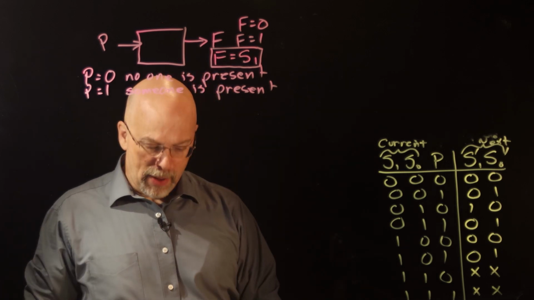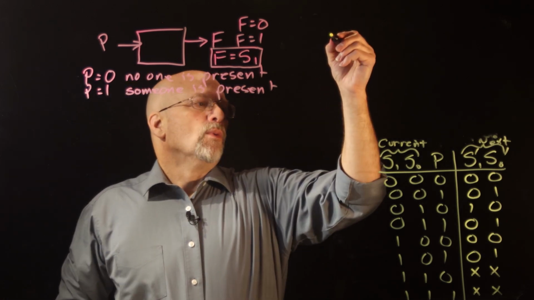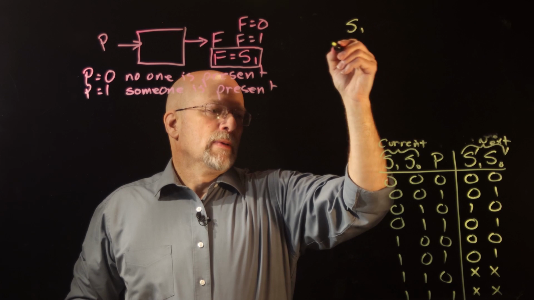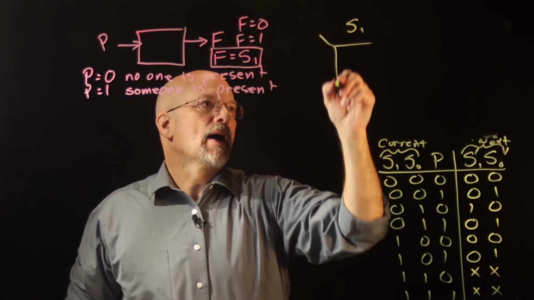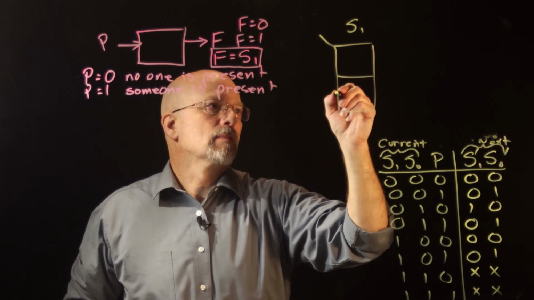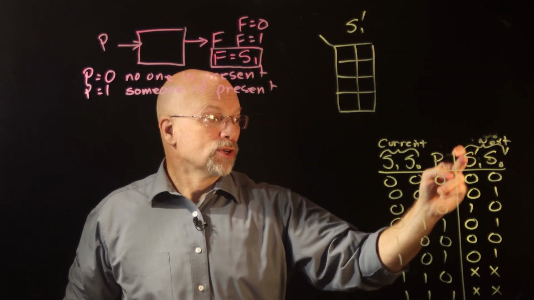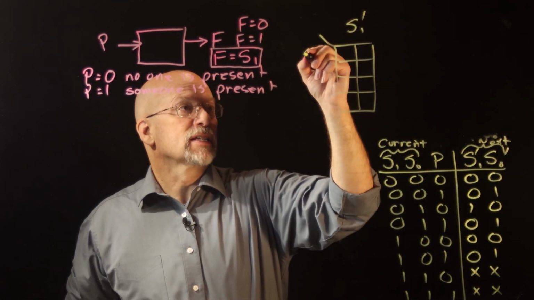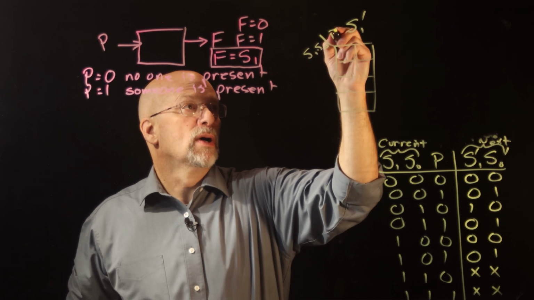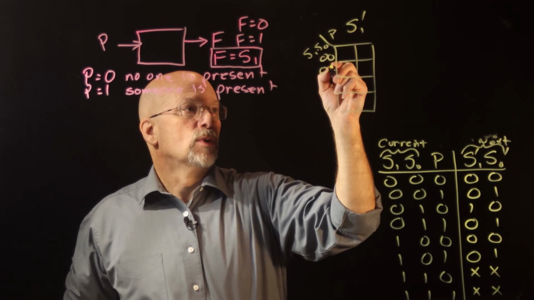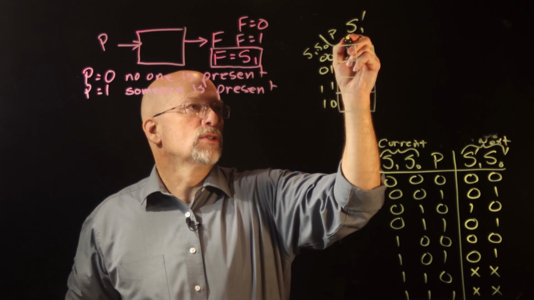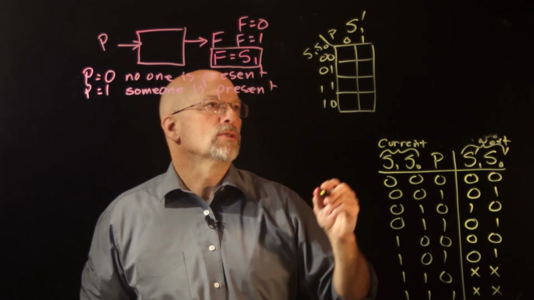So let's do the Karnaugh maps for this. We'll do one for S1 prime. We're doing this column right here. And that's going to take as its inputs S1, S0, and P. So we'll go ahead and use our gray code to number the rows.